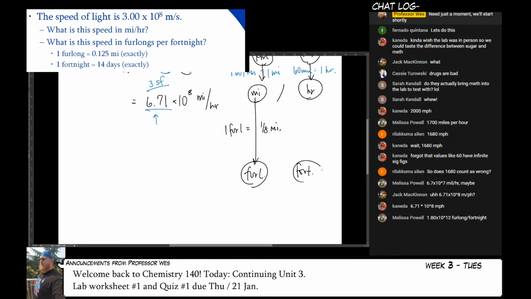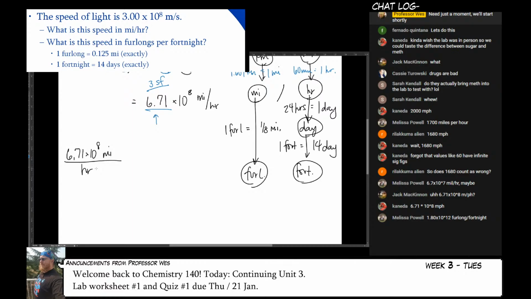And then for fortnight, a fortnight is 14 days. And I can do hours to days really easily. There are 24 hours in a day. So if I take my previous answer and just keep going with it, just be careful.